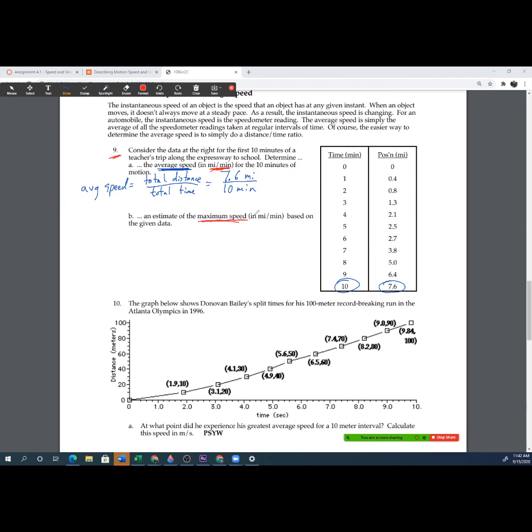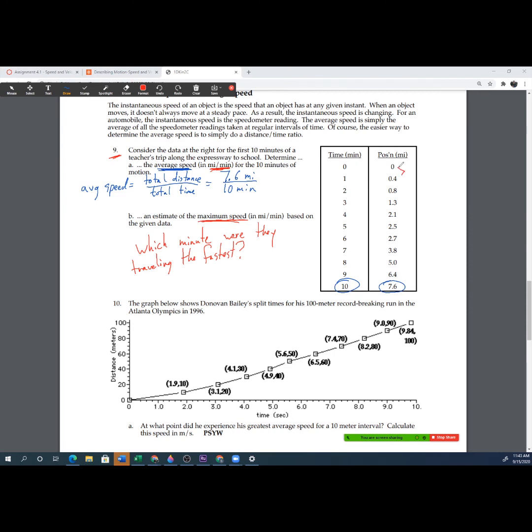What that means is which minute were they traveling the fastest? This means you're going to have to do the calculation several times over.